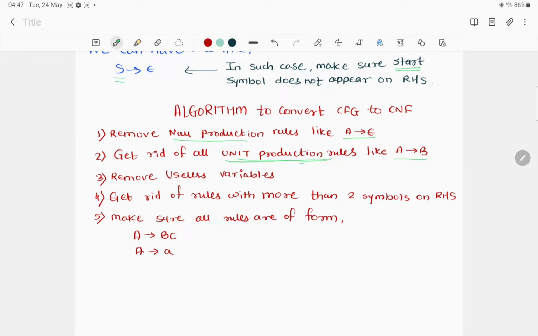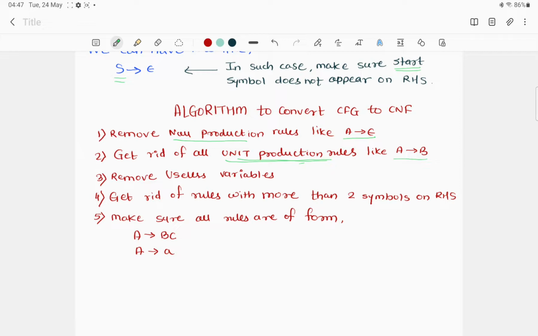Then the third step is to remove the useless variables. Useless variables can be unreachable non-terminals. For example, a variable Z, but Z is not giving you anything. So why keep that particular production? We'll simply remove it. The fourth step is to get rid of rules with more than two symbols on the right hand side, because we want the right hand side to have only two symbols.